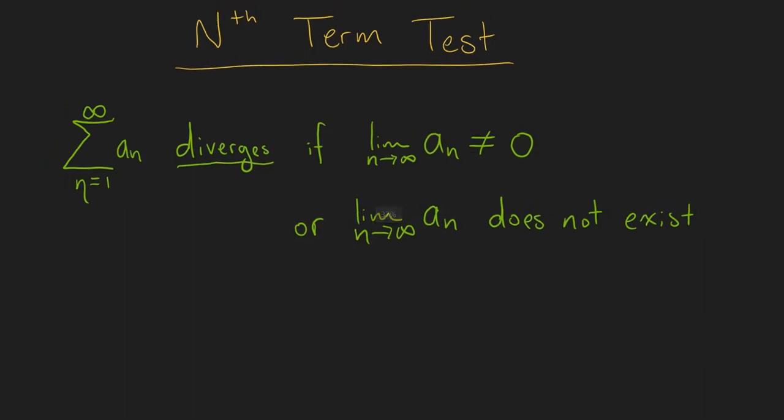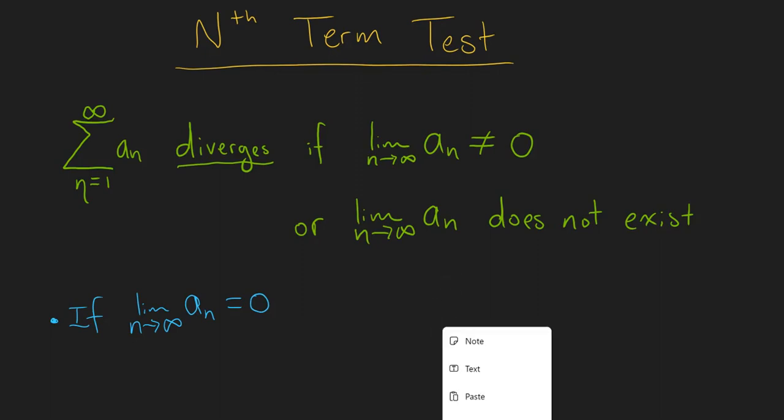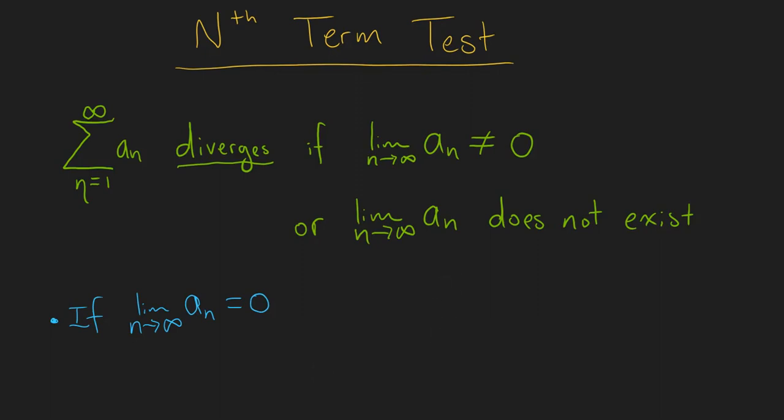Now, it's important to realize that if the limit as n approaches infinity of a sub n does equal 0, this does not imply that the series converges. So we know that the test is inconclusive.